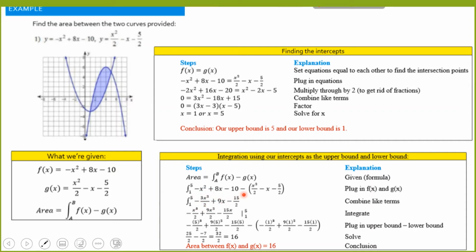Then I've got 8x minus a negative x is positive 9x. And negative 10, so that's negative 20 over 2, minus negative 5 over 2 is negative 20 over 2 plus 5 over 2 is negative 15 over 2. Okay, then I'm going to plug in my bounds, so I'm going from 1 to 5, and then simplify to get my answer.